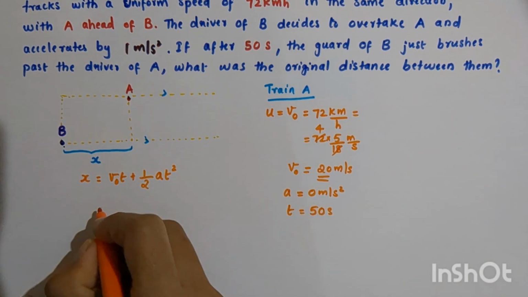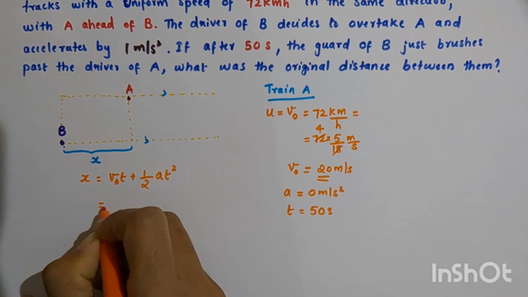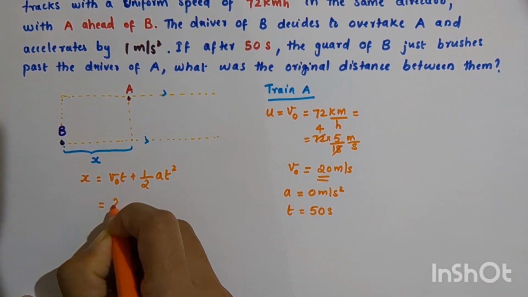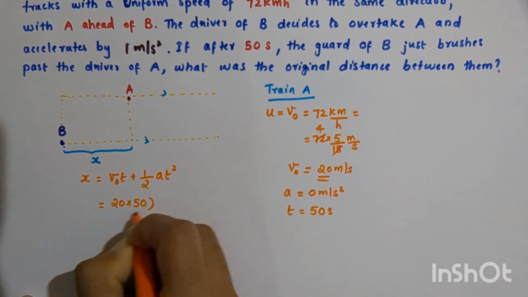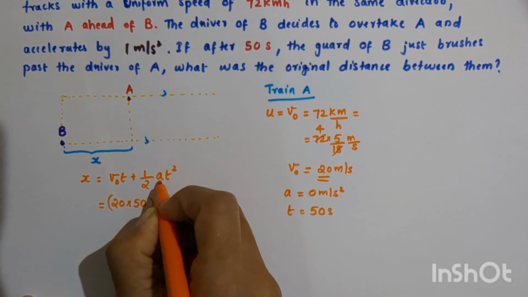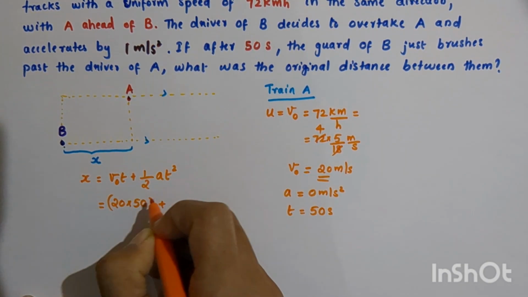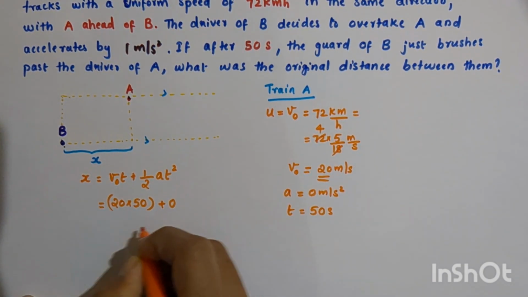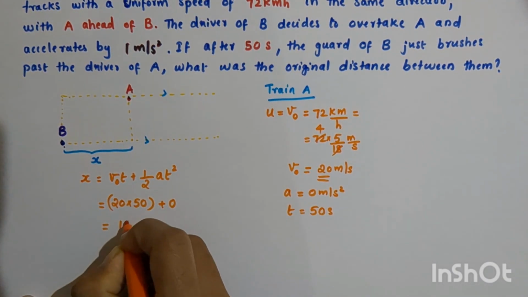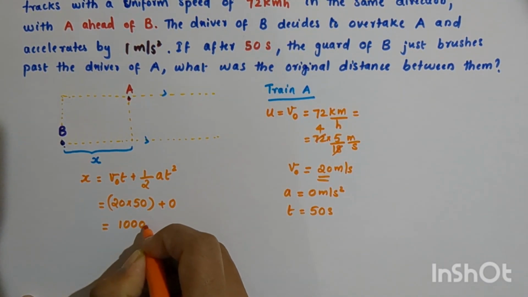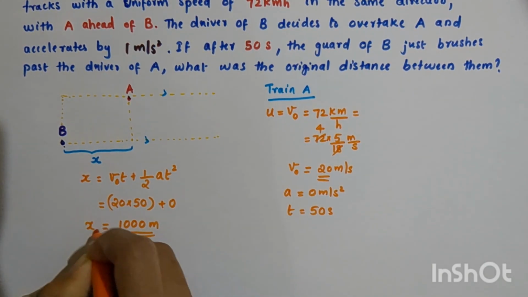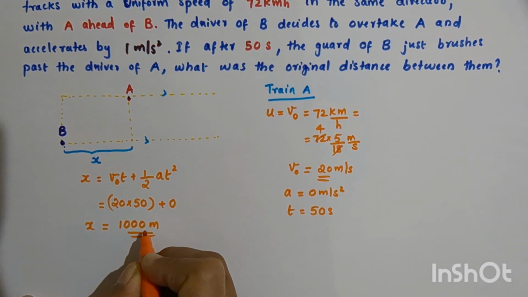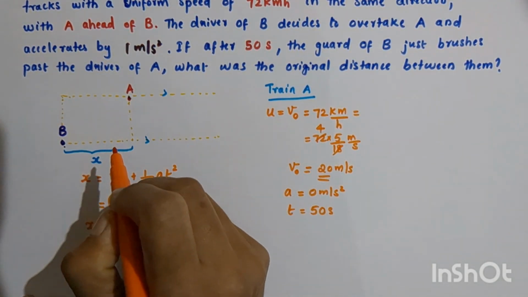Both are the same. So this is 20 into 50 plus half a t square, but acceleration is 0, so plus 0. 5 twos are 10, two more zeros. So 1000 meters is the distance travelled by train A in 50 seconds.